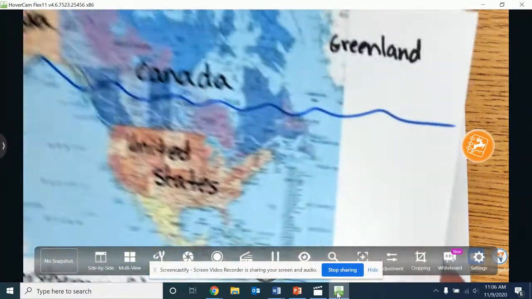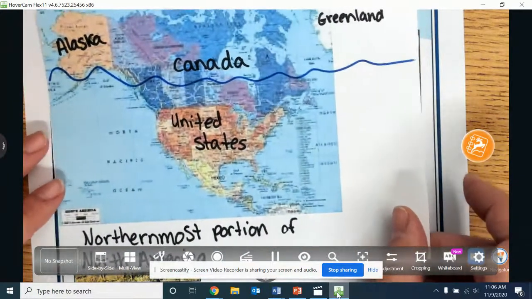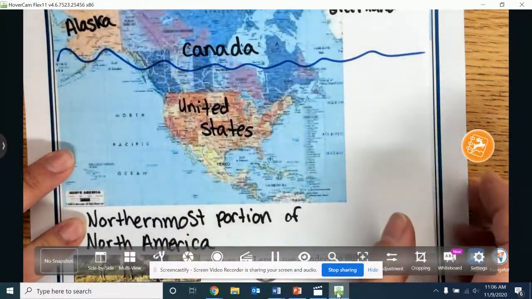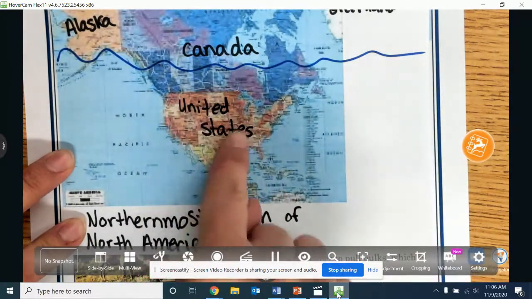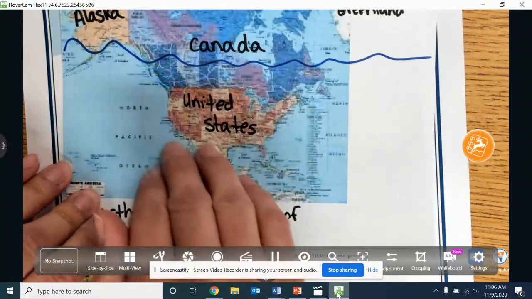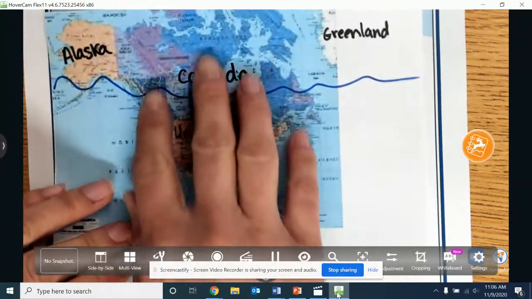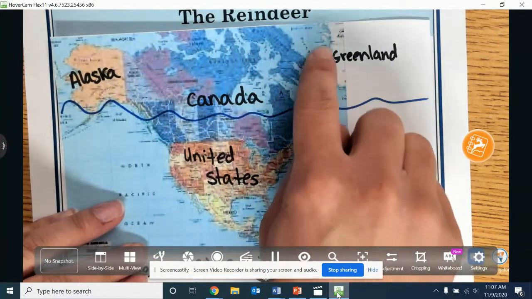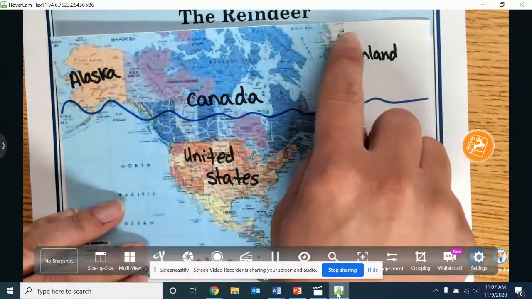This other one says that they're also found on the northernmost portion of North America. So here's where we are, the United States. But the reindeer are not usually found in the United States. They're found up higher, up north, which, if you can see here, this is a part of Greenland that I showed you from the other map.